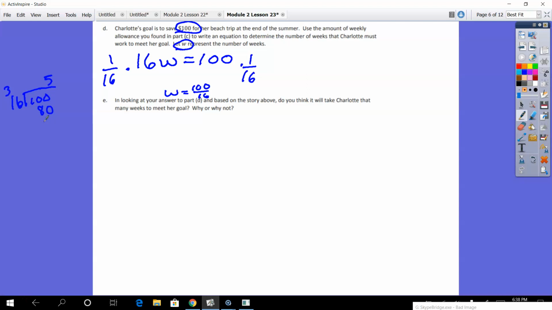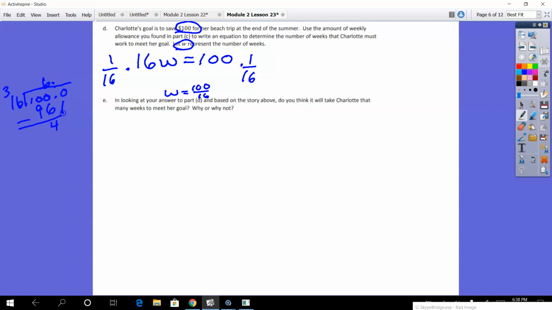Subtract is 20, so it'll go in there 6 times. Six times 6 is 36. Carry my 3. 6 times 1 is 6, 7, 8, 9. 96. Subtract is 4. Put a decimal and 0.